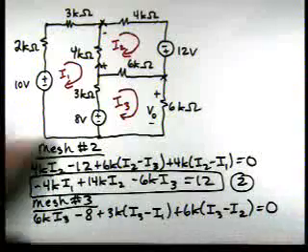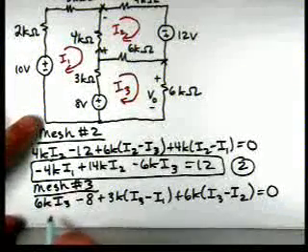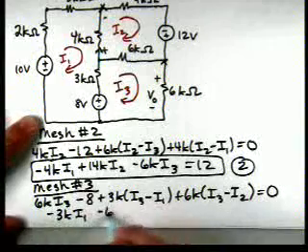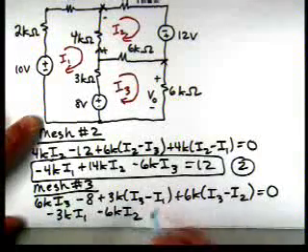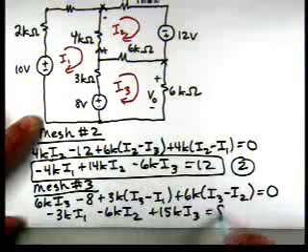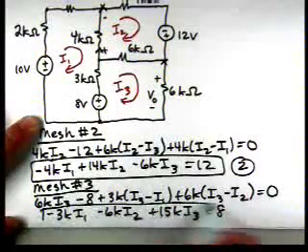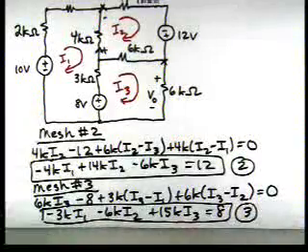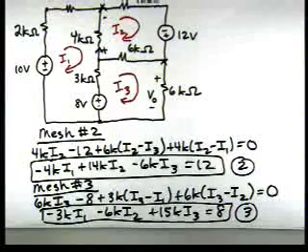And if we simplify that, then we'll have minus 3K I1 minus 6K I2 plus 15K I3 equal to 8. So there's our third equation. So now we've got our three equations, and now we're ready to solve.